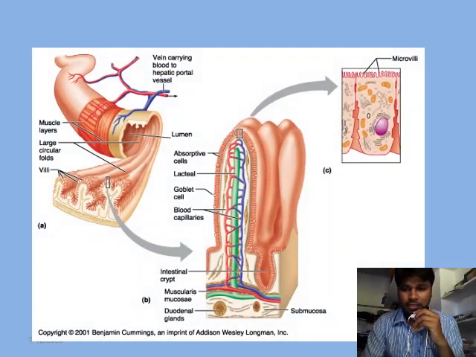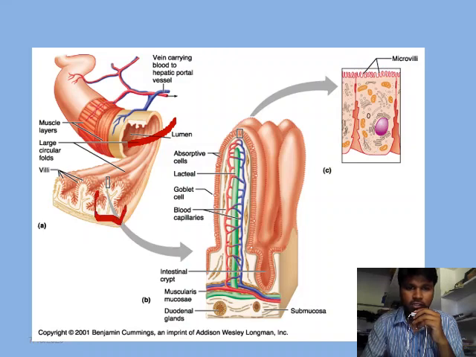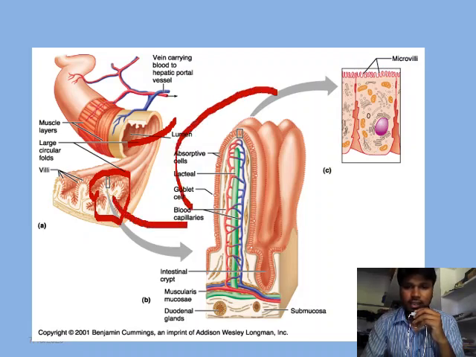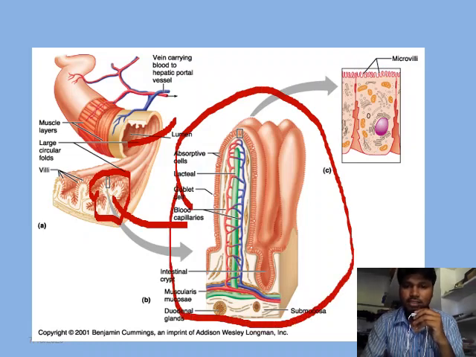Here is the proper picture of the villi structure. So this is the small intestine, and you are able to see the folds in the inner surface. If you take a single fold, a single finger-like projection, it appears like this, and this is the villus. A single villus is supplied by the blood vessels.